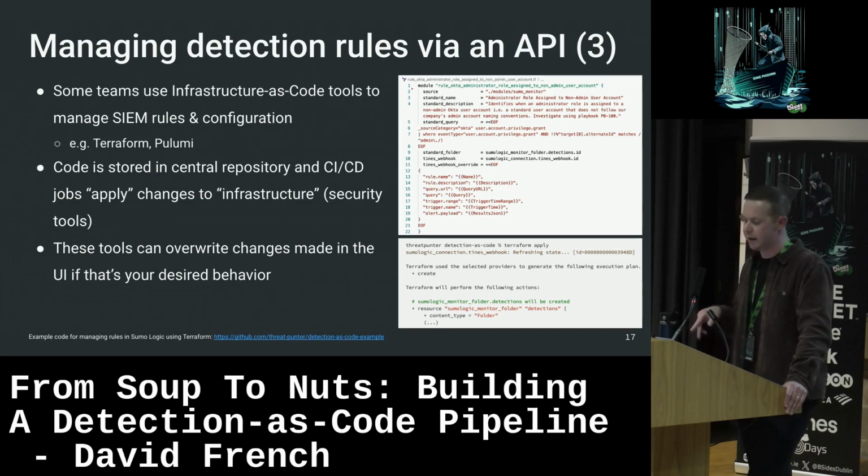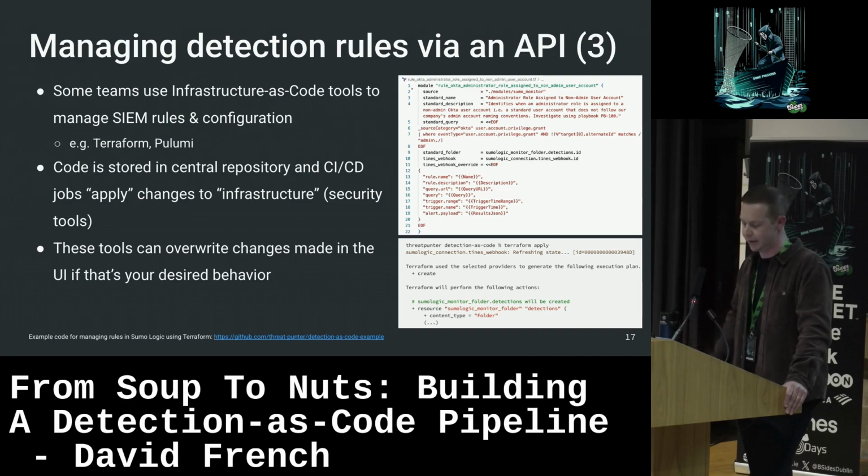For this project, I've written code to manage rules using the SIEM's REST API. As an alternative, you might see security teams use infrastructure as code tools that have been around for a while. Terraform, and Pulumi is a bit of a newer one. With this approach, you're still going to be storing your code in a central repo in GitHub or GitLab.